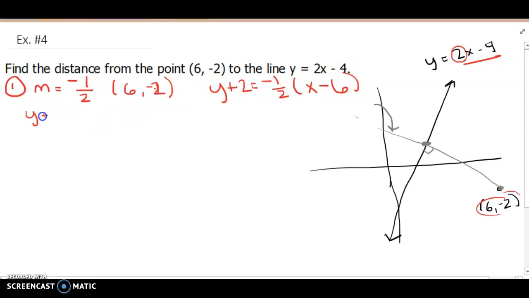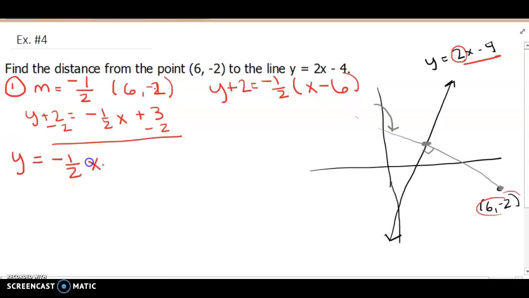Okay, so y plus 2 equals -1/2 x plus 3. And then if I subtract 2, I get y equals -1/2 x plus 1. So the equation of this line here is y equals -1/2 x plus 1.